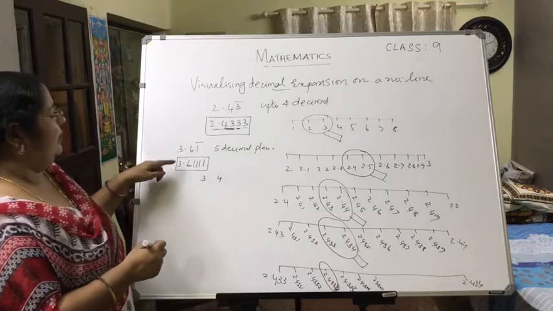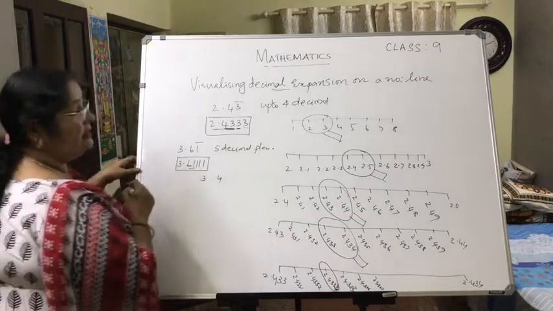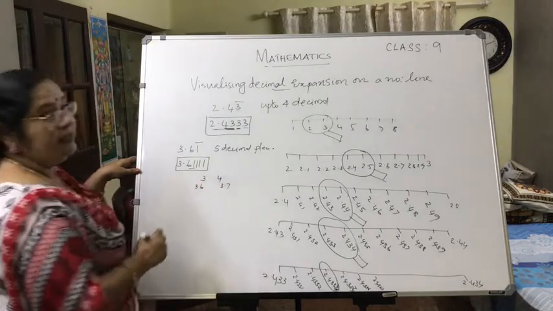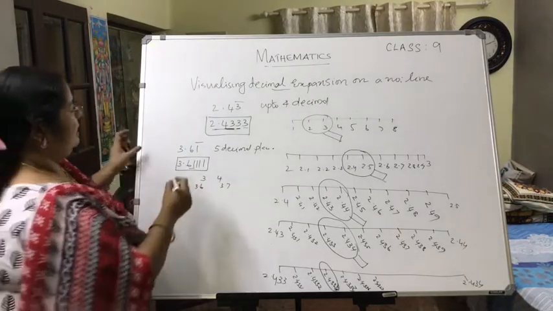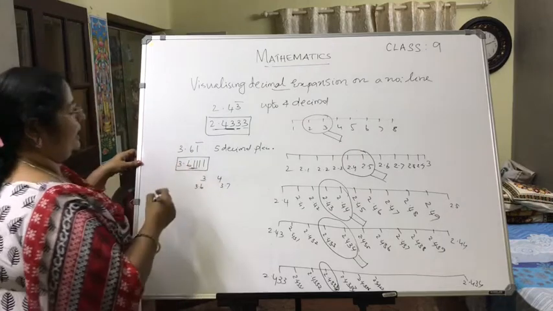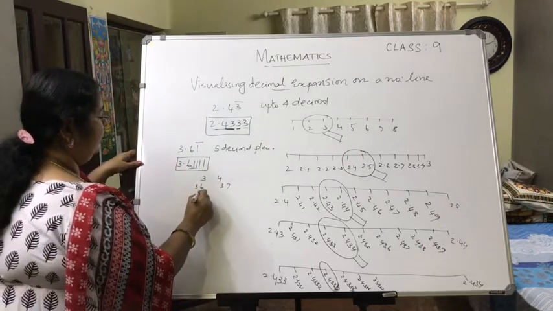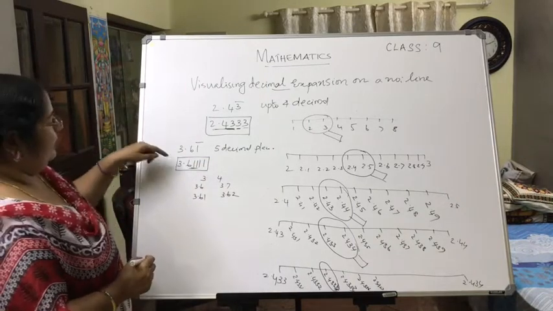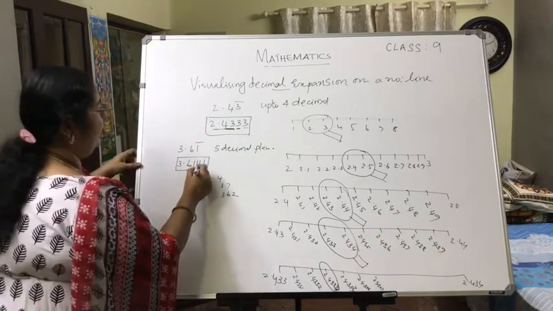Next, 3.61. 3.61 means it will be between 3.6 and 3.7. Next, 3.611. So this will be between 3.61 and 3.62. Next, 3.6111.